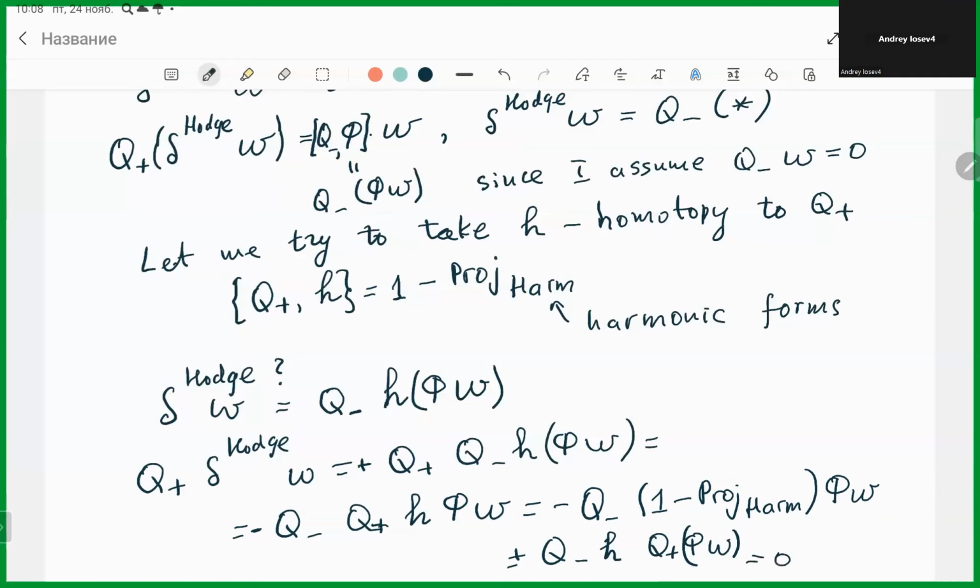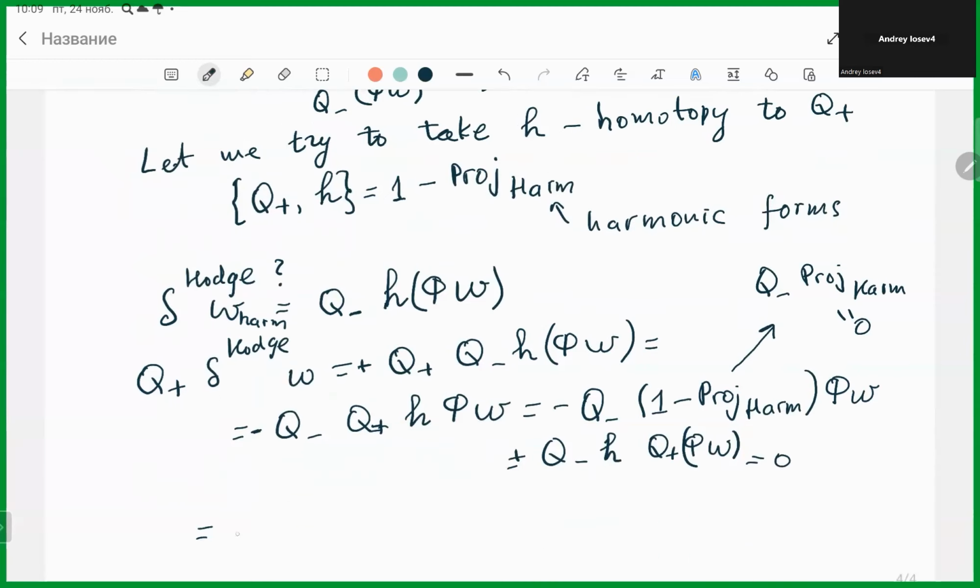But this is 0, because phi and omega are both Q plus closed. I'm looking how the harmonic class is changing. Now this goes away because Q minus of the projector on harmonic forms is also 0. So altogether I have this term, and this is the wanted term, up to sign. If I put minus here, signs would go correct.